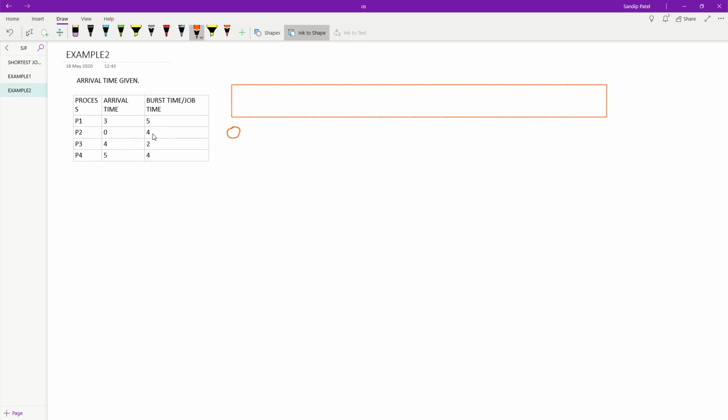Whatever burst time is available with P2, whether it is less or more compared to the next coming processes, we will first enter P2 compulsorily because at 0 milliseconds no other processes are available in the ready queue for comparison. So P2 we will enter first.